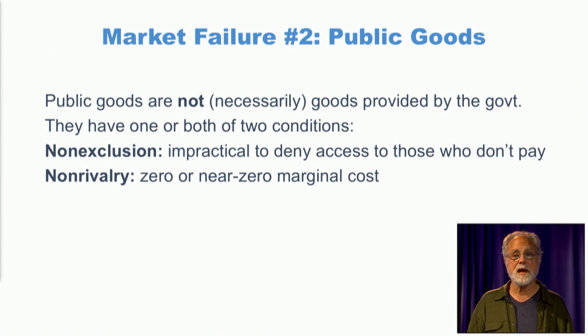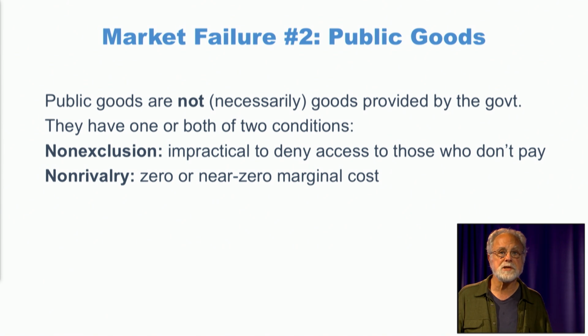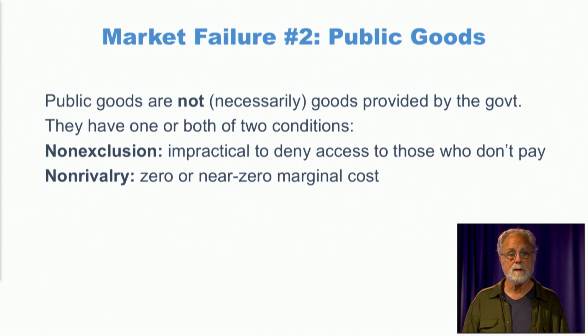The first is the non-exclusion characteristic. The second, non-rivalry. Non-exclusion means it's impractical to deny access to the good to those who haven't paid for it. Non-rivalry means there's no incremental cost to having one more user of that good. I'll talk a little bit more about each of these in a moment.